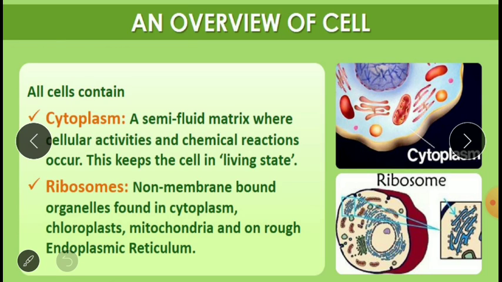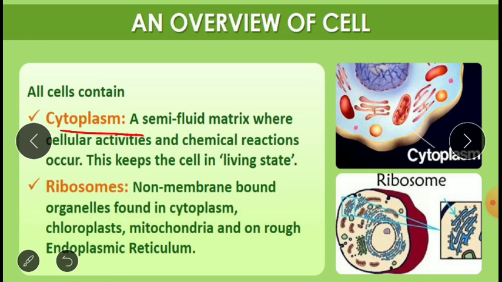Coming to the overview of a cell. Now let us study what a cell actually is. Let us briefly see what is present when we say a cell. A cell contains first of all the cytoplasm.